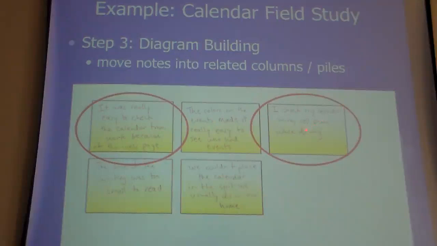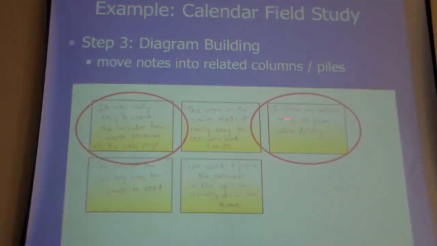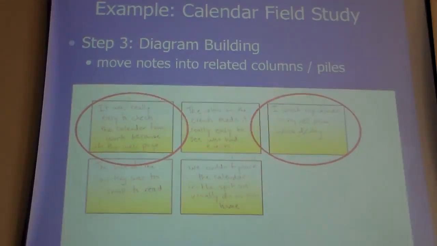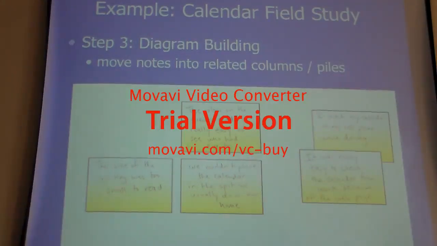I check my calendar on my cell phone while driving. So what's the thing? Maybe they can reach it from different places, wirelessly, via phone. Maybe it's the use of technology. Here is the web page, here is the cell phone, it is internet, digital, wireless. So they put them together.